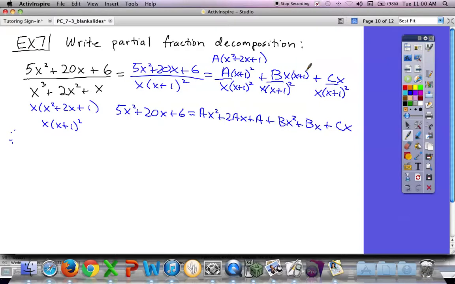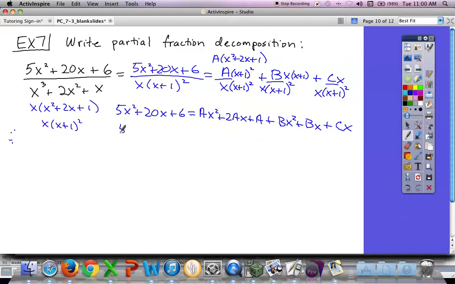Okay. Now you don't have to do it like get all your squared terms together, but in one way or the other, when you set up your system, you're going to have to say, you know, A plus B equals 5. 2A plus B plus C equals 20. You're making equivalences between the like terms, the squared terms on this side, the squared terms on this side, the linear terms on this side, the linear terms on this side, the constant terms on both sides.